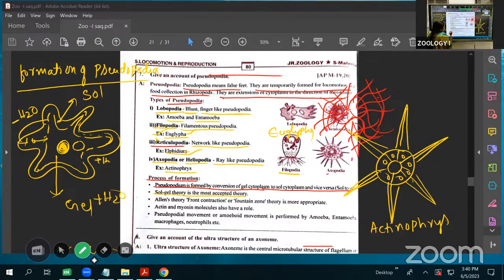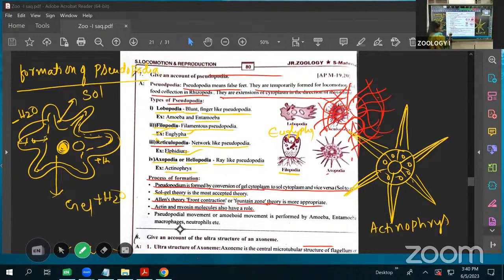Some theories explain the formation of pseudopodia. The sol-gel theory is the acceptable theory, and the Allen theory is front contraction or fountain zone: the cytoplasm is pushed like a fountain and forms a pseudopodium. Next, actin and myosin molecules also have a role.